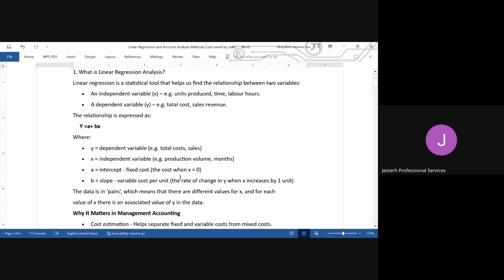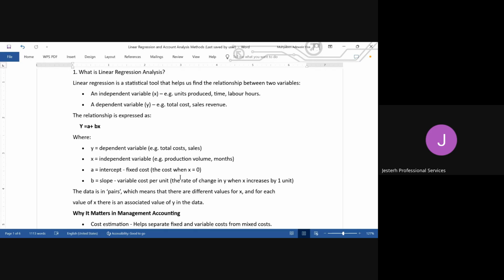Now, in this linear regression, the relationship of how the dependent and the independent variables are used is expressed as y is equal to a plus bx.